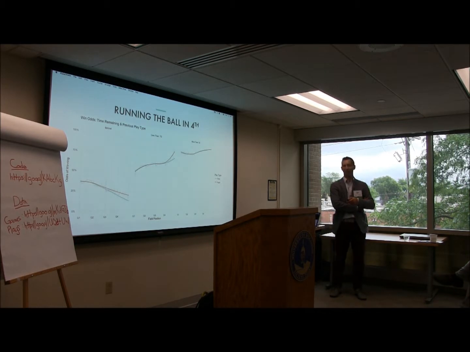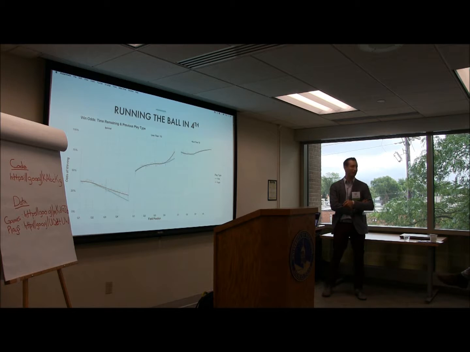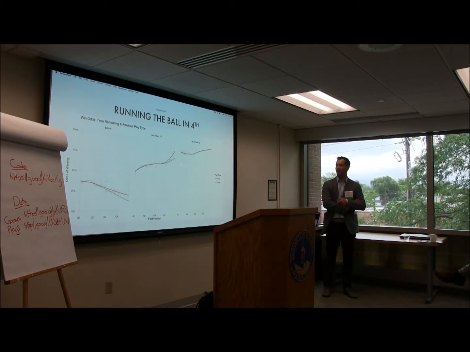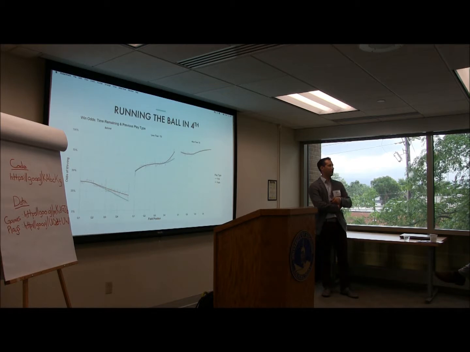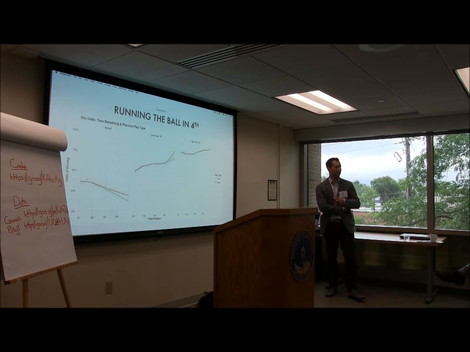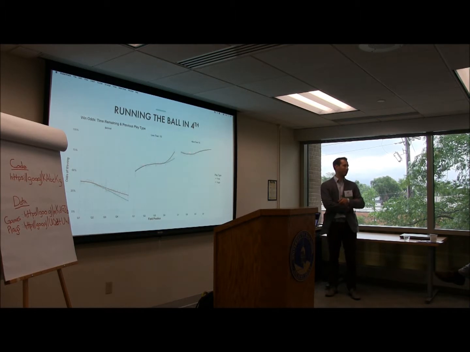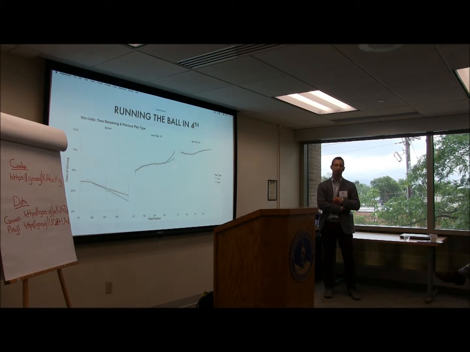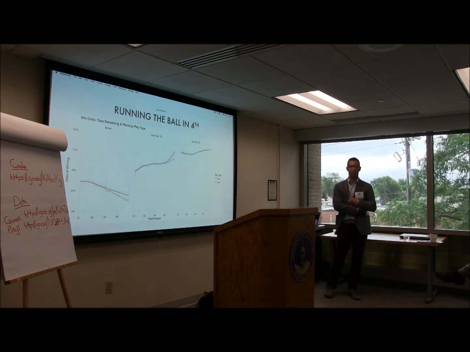So to say that a coach is doing the wrong thing in terms of analytics when running the ball in the fourth quarter, the analytics would point to this, but again, that's using every single player across all the data set, and that might not necessarily take into account an individual team and their ability, at least with this plot. But that's at least giving you a baseline for why you should be running the ball in the fourth quarter, especially late in the game.